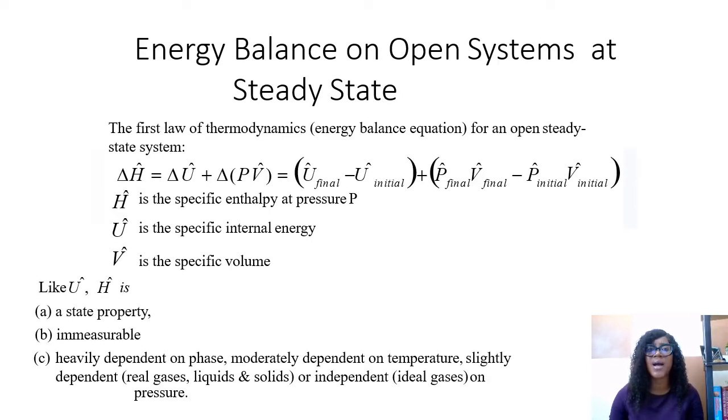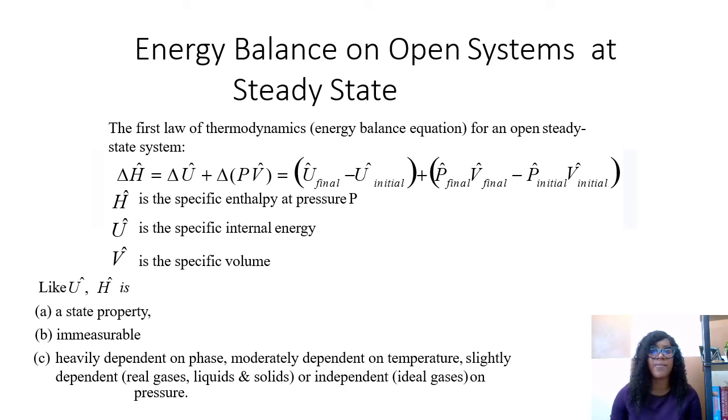Now, in order to look at the energy balance at steady state, we go back to our first law of thermodynamics. Now we have an open system. Our first law goes back to delta H. Once we see this little cap on top of a variable, it's looking at the specific value, meaning you're dividing by mass or by mole. So in this case, we have delta H is equal to delta U plus delta PV.